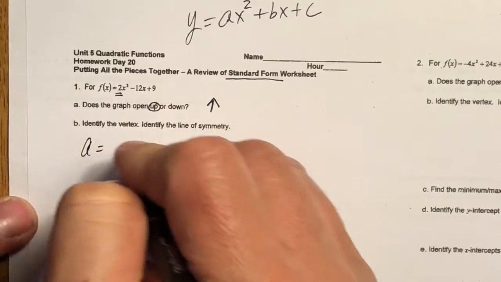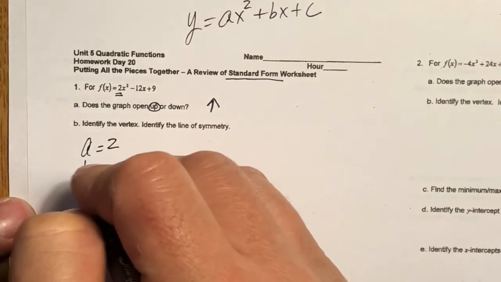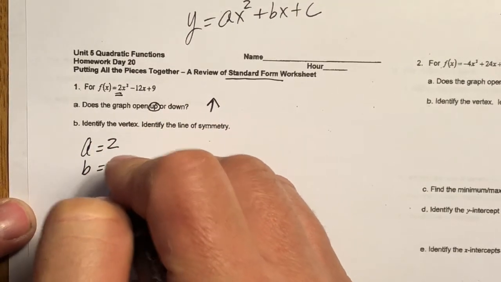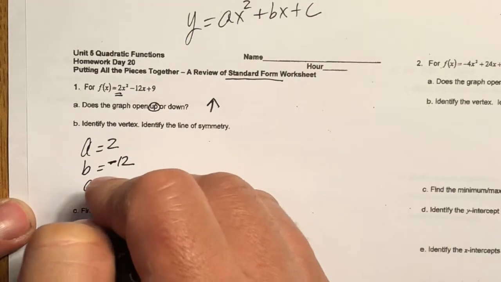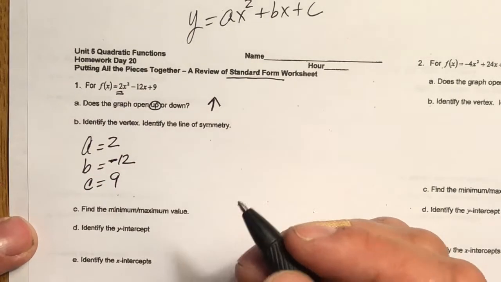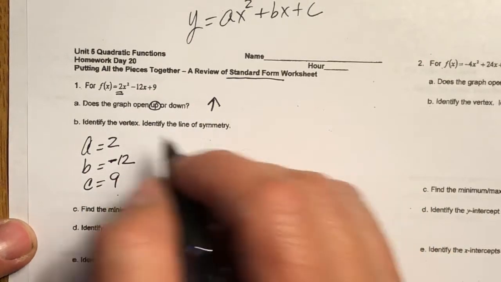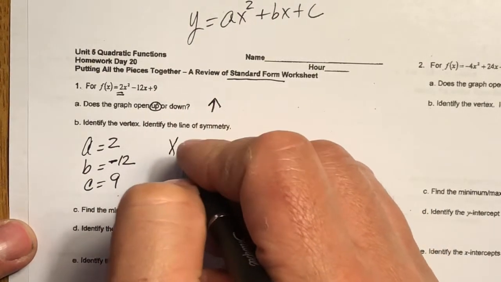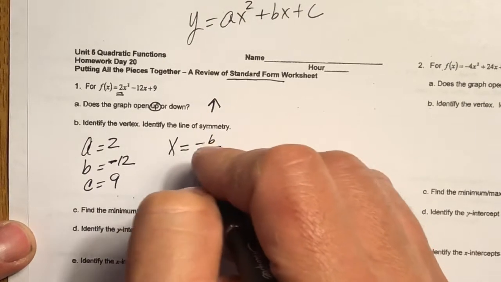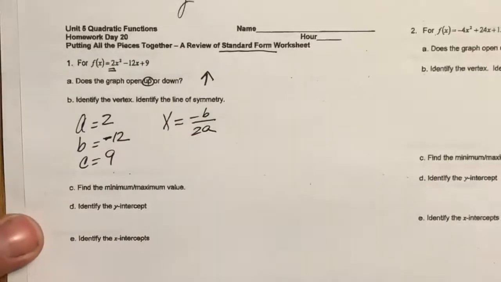So a is equal to 2, b is negative 12, and c is 9. To find the line of symmetry and the vertex, you take x is equal to the opposite of b over 2a.